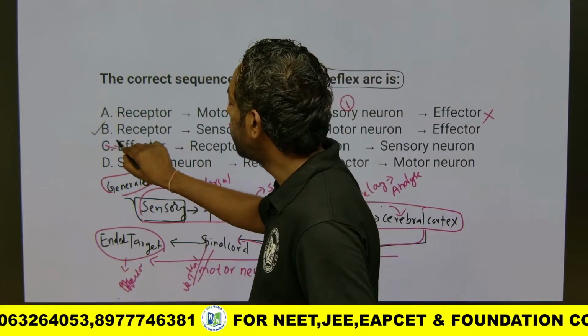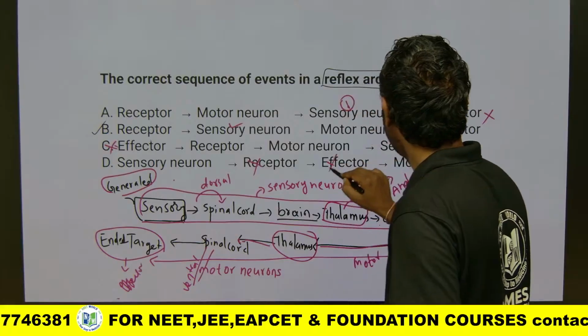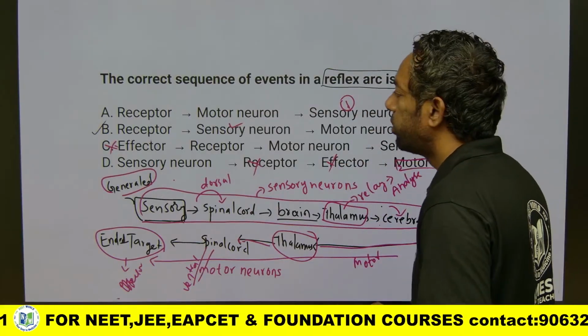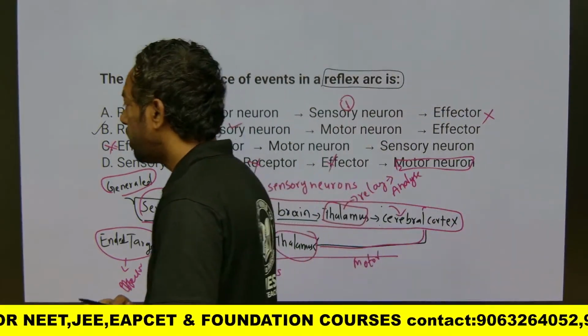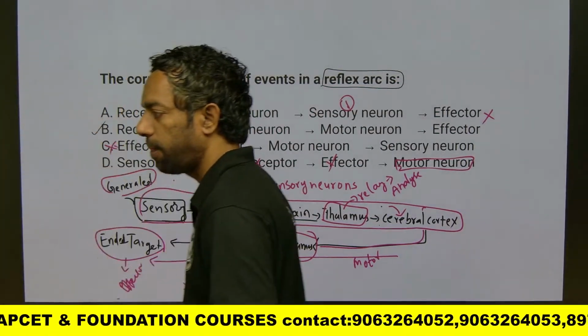Effector is not first, and motor neuron is not last. So option 2, option B, is the right answer for this question.